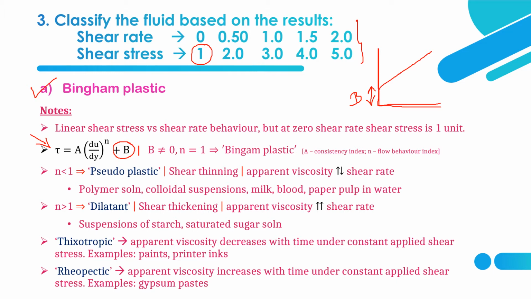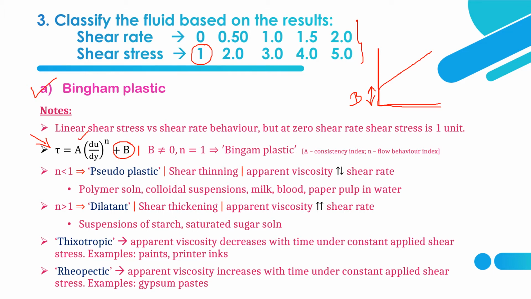But A into (du by dy) power n, and b here is not equal to 0 for Bingham plastic. So b shall be some value, so that the Bingham plastic fluid will flow.